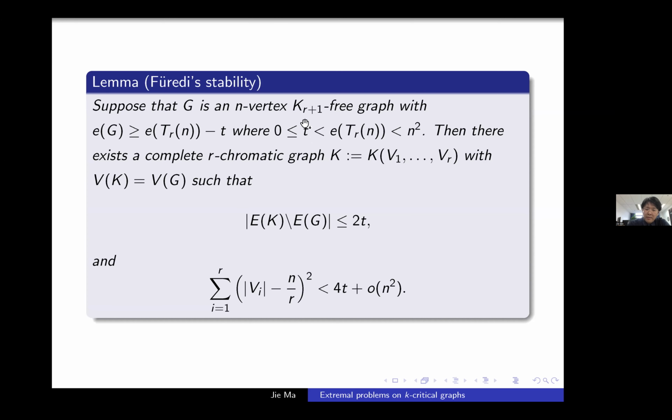So if G is K_{r+1}-free and the number of edges differs from the r-partite Turán graph by t, here t is an arbitrary number, not necessarily epsilon times n squared, but any, then we can find a complete r-partite graph K, and compared with this K, the missing edges of G are no more than 2 times t.